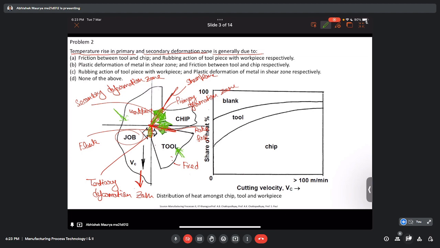And if you see the right side of this figure, what is it showing? It is showing, at different cutting velocities, what fraction of the heat is carried away by the chip, tool, and blank or the workpiece.